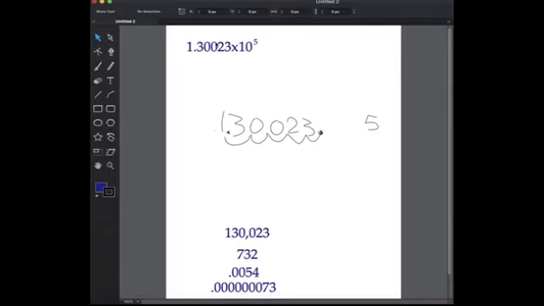Okay. This is how you convert a number to a scientific notation. You will catch on pretty fast, trust me.